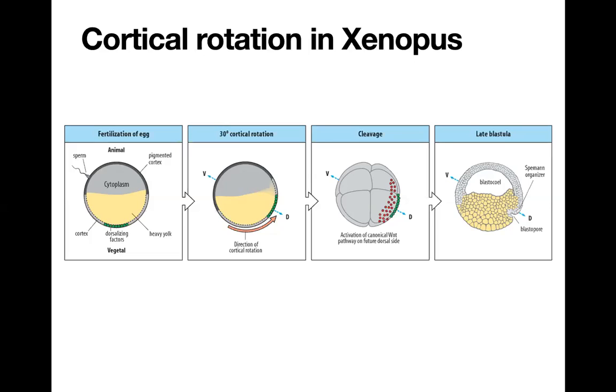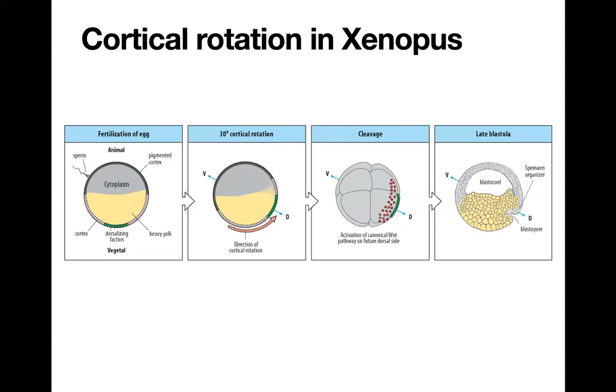Okay, and so soon after fertilization, what happens is the cortex of the embryo rotates in relation to the middle. Okay, and that rotation is dependent on the aster that the sperm nucleus or the sperm provides. This new asymmetry activates these future dorsal cells. So the dorsal means the back, the place where the vertebrae are.